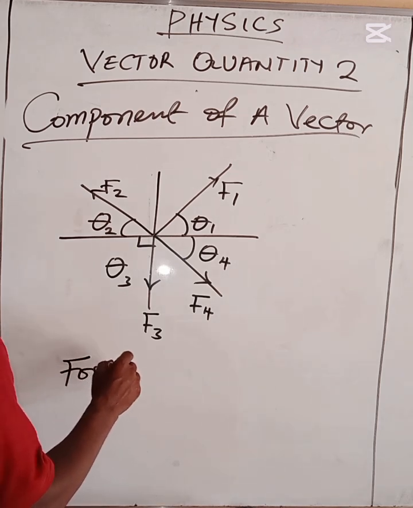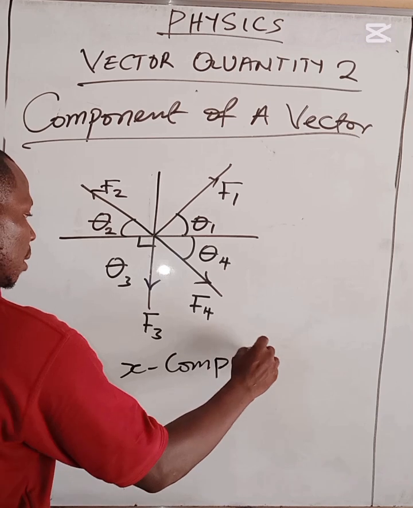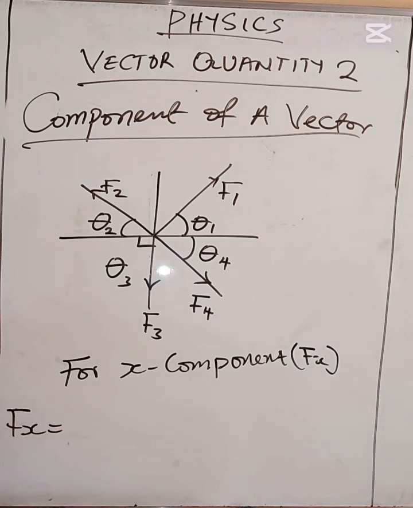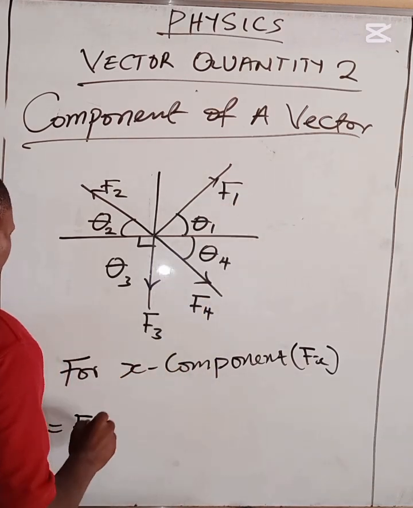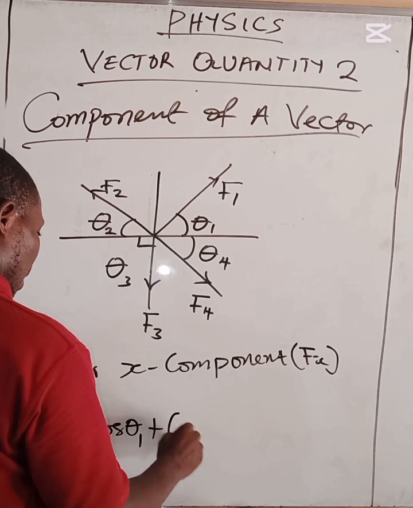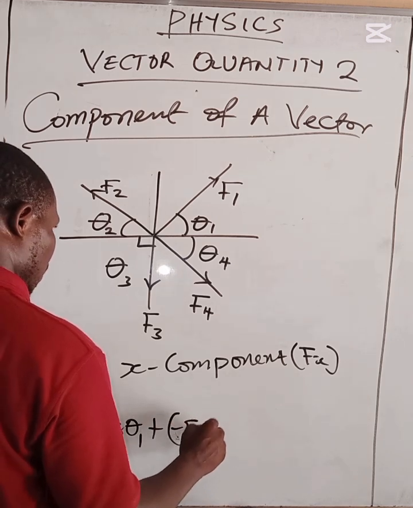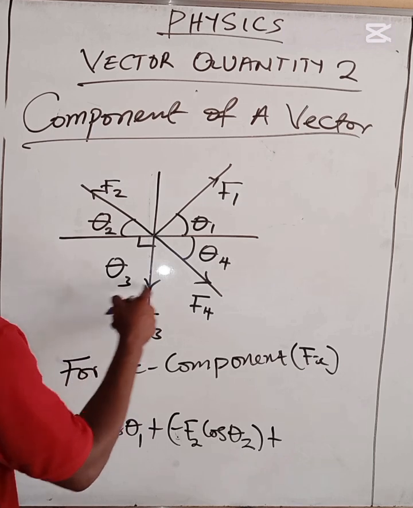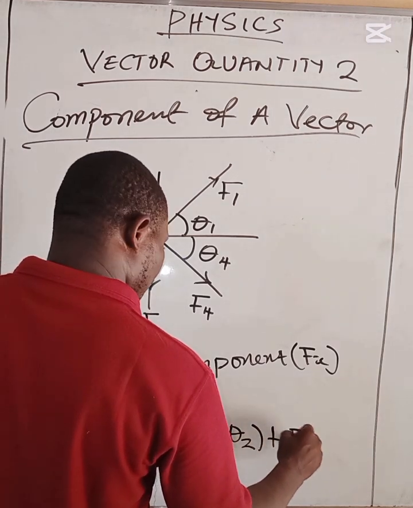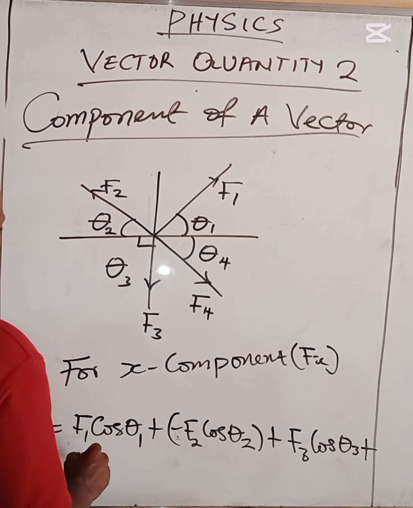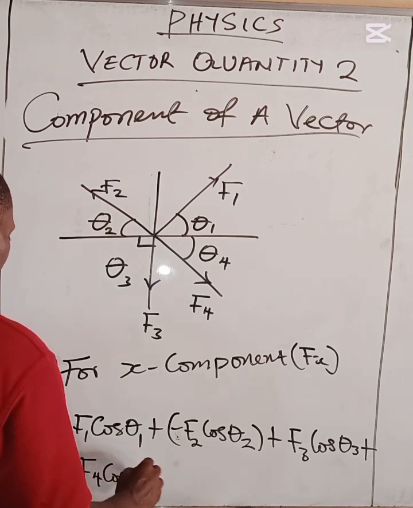So for the x component, Fx is going to be, starting from the first force, which is on the right-hand side, F1 cos theta 1, plus, this one is on the left-hand side, so bracket open, minus F2 cos theta 2, bracket close, plus, this is neither on the left nor on the right, so I'll consider it positive, plus F3 cos theta 3, plus, this is also on the right-hand side, F4 cos theta 4.